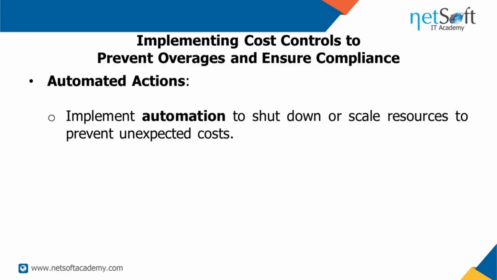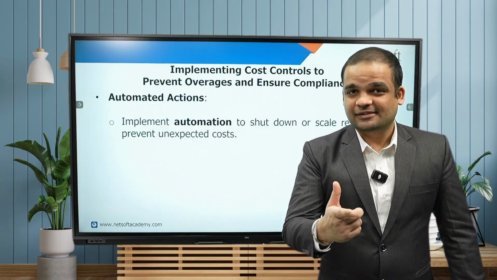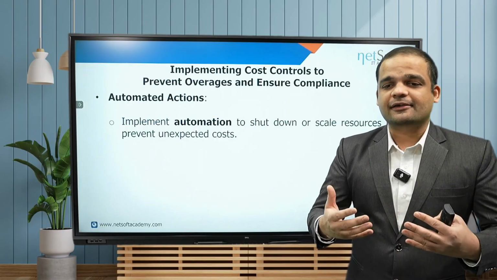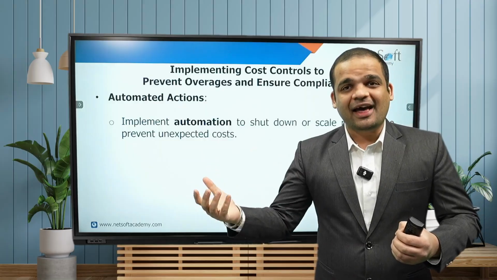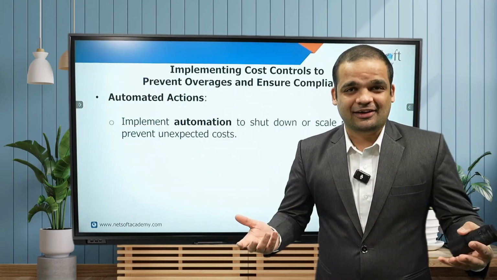You can also automate some of the cost control functionality, like set up automation to scale down or shut off unused resources. You can also use virtual machine scale sets, VMSS, if you remember it. With that, you can get a sweet balance between performance and cost saving. So you're not paying for what you don't need, right?